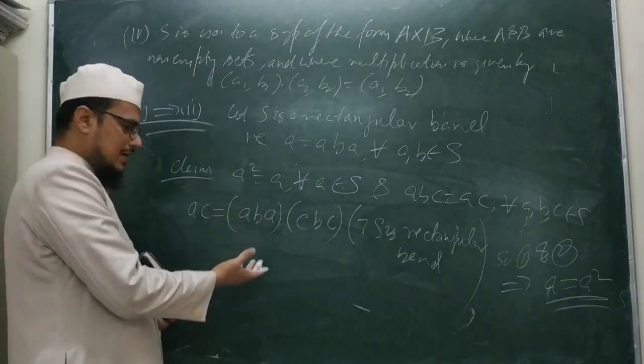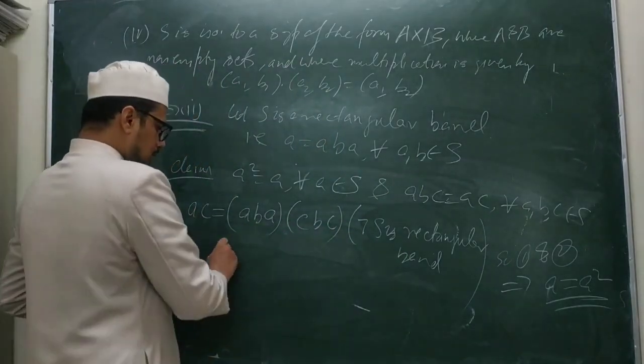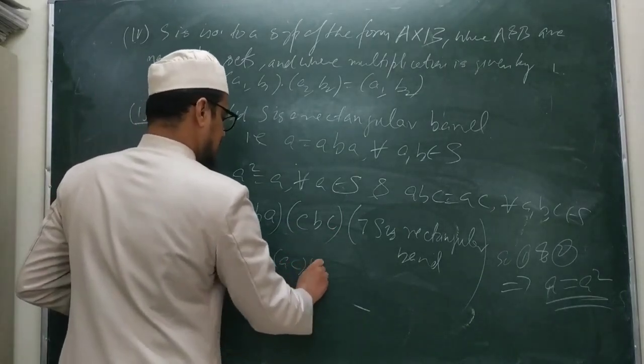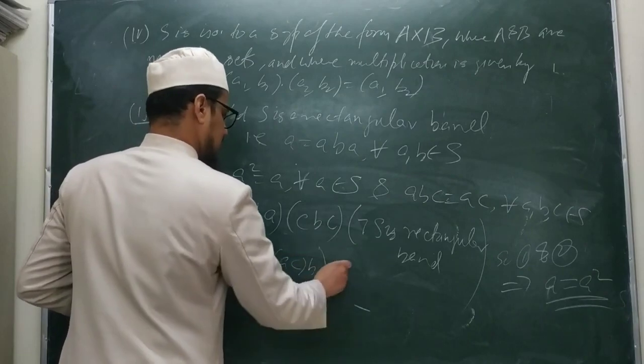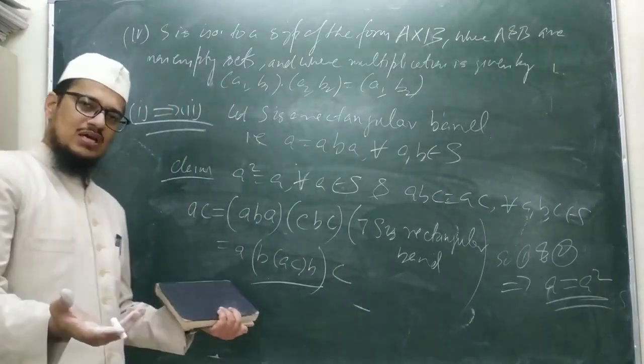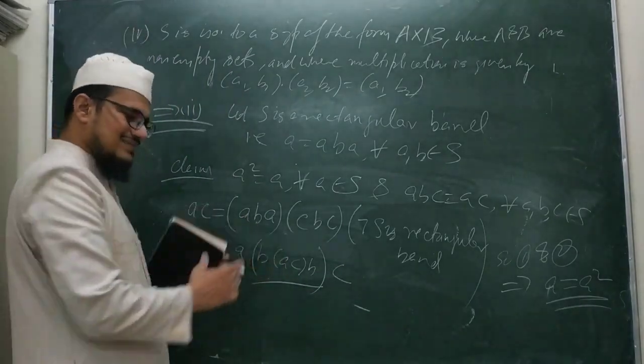A can be written as ABA and C can be written as CBC. Now you can just write A, B, A, C, B, C. Since this is a semigroup and associativity holds, you can just bracket like this.